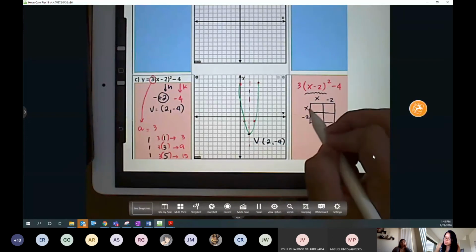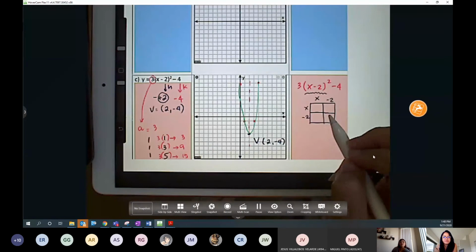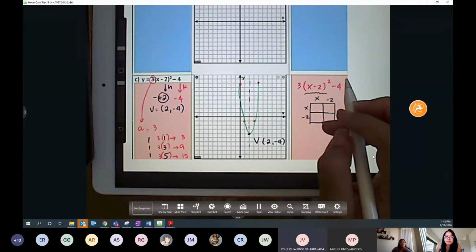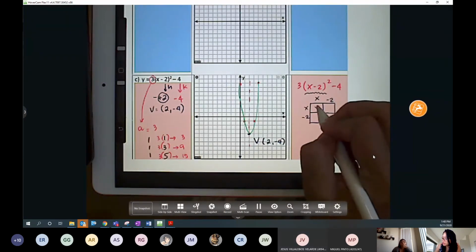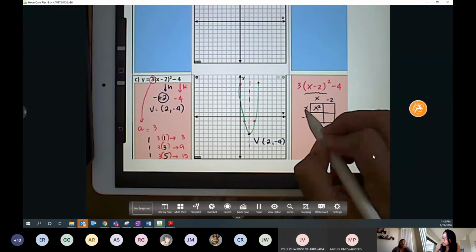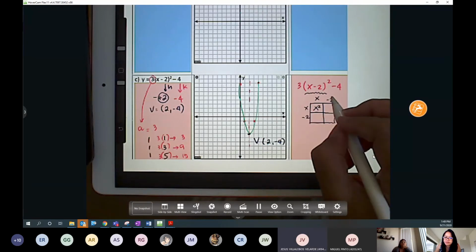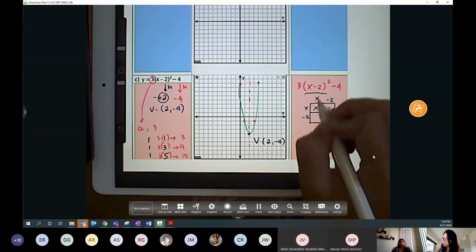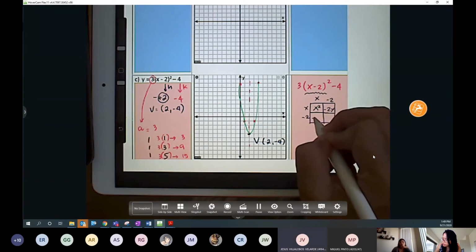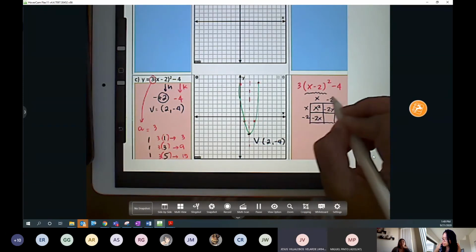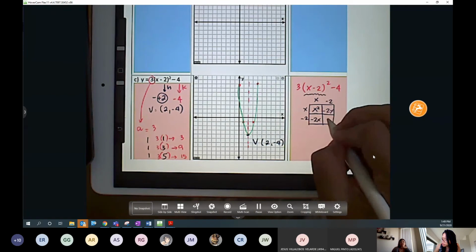Okay, so what is x times x? x squared. And then what is negative 2 times x? Negative 2x. And then negative 2 times x? Negative 2x. And then negative 2 times negative 2 would be 4.